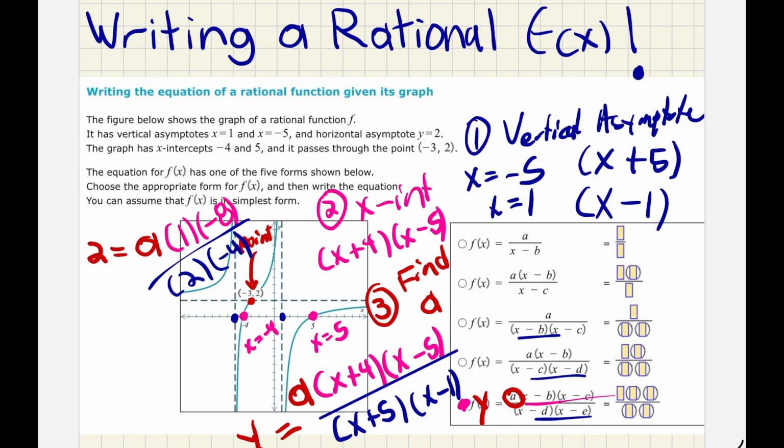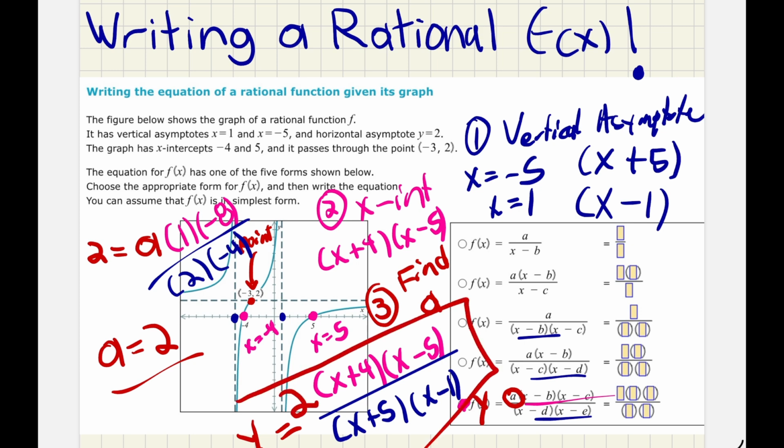So do a little quick clearing of the variable, and you would find that a is equal to 2. If we put that 2 right here, this would be our final answer. Hope you enjoy, and that is really it every single time.